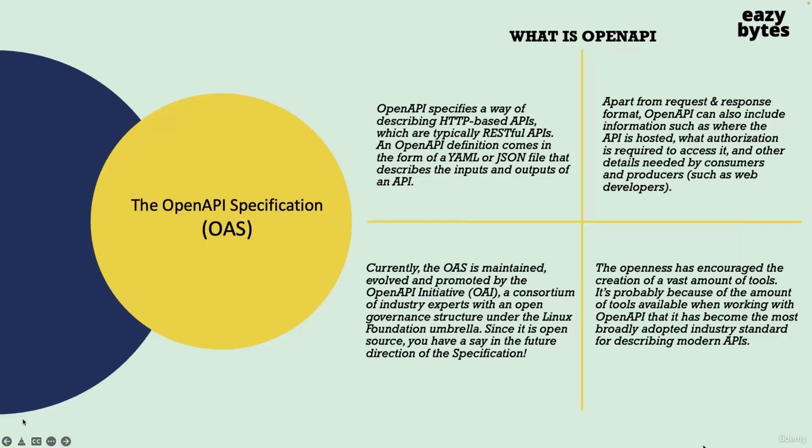So that's the beauty, or the advantage, that the OpenAPI specification also has. It has a lot of tools that support OpenAPI specification standards, using which the developer's life will be very, very easy. And we are going to discuss such kinds of tools in this course as well.